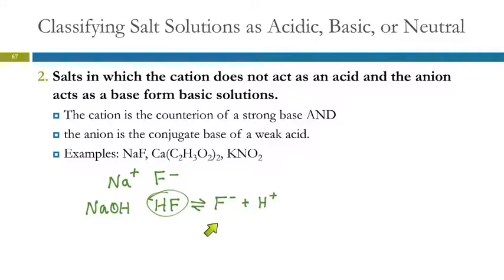So if we have fluoride ions introduced into an aqueous solution, they will combine with some of the hydrogen ions that are present in the water. Or we can think of it this way: fluoride ions will interact with the water, acting as a base. Because the fluoride ions will not be completely dissociated or completely ionized in aqueous solution, because this is a weak acid.